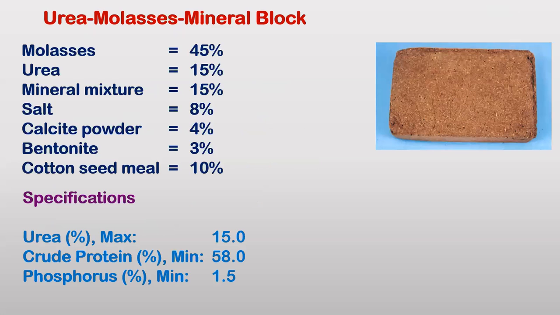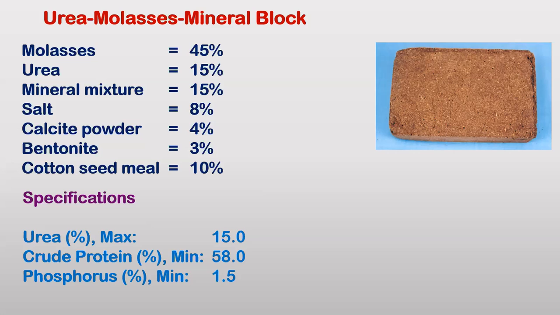Next is the urea molasses mineral block. How can we prepare urea molasses mineral block, and what is the composition of UMMB, that is urea molasses mineral block? Molasses should be 45%, urea should be 15%, mineral mixture should be 15%, salt should be 8%, calcite powder should be 4%, bentonite, that is the bonding material, should be 3%, and cotton seed meal or wheat extra.